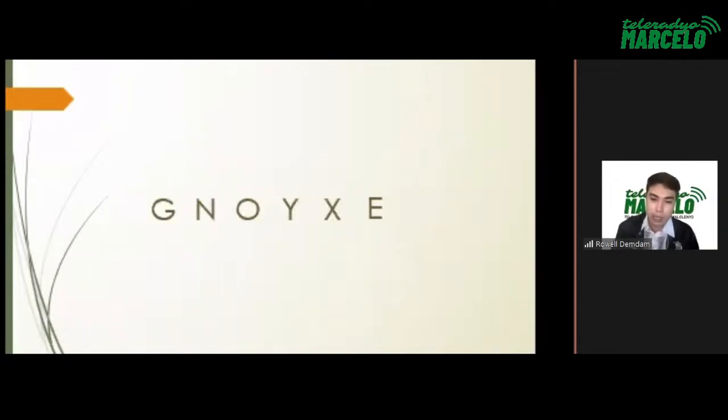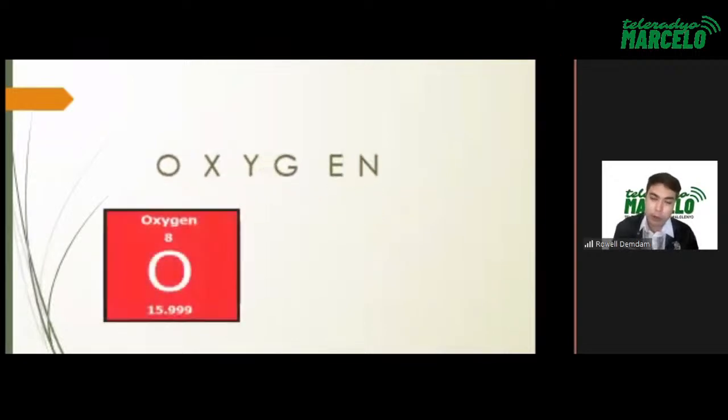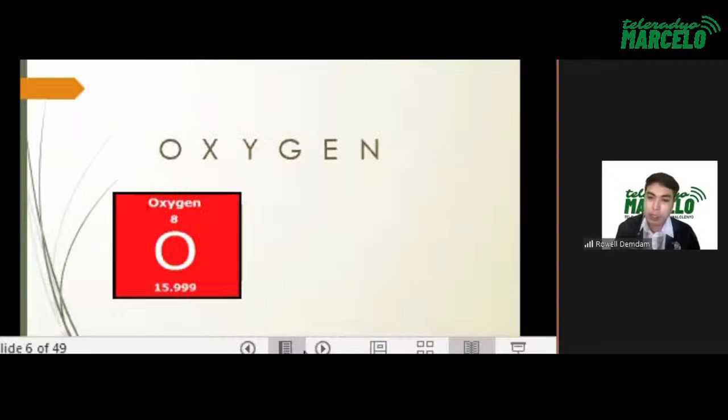Okay, for the second element, here are the jumbled letters. What do you think is the name of our second element? Okay, very good. Oxygen is the other element found in the Earth's atmosphere. So for the third element, arrange the jumbled letters now.